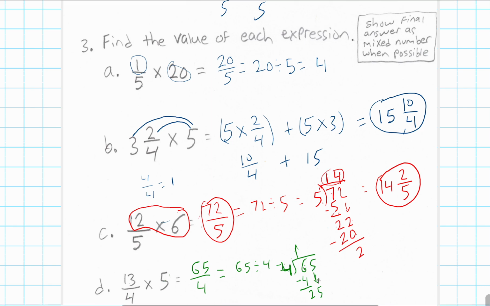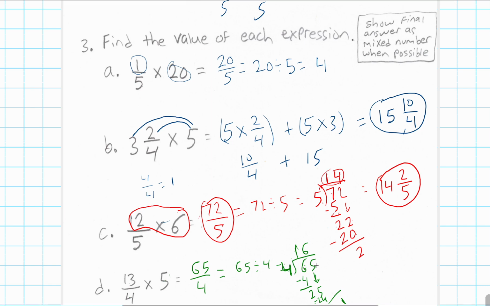Okay, so 4 times what can get me as close to 25 as possible? Well, I know that 4 times 5 is 20. So 4 times 6 is 24. So it has to be 6. So I can get to 24 here. Minus 24. Okay, so I have 1 remaining.